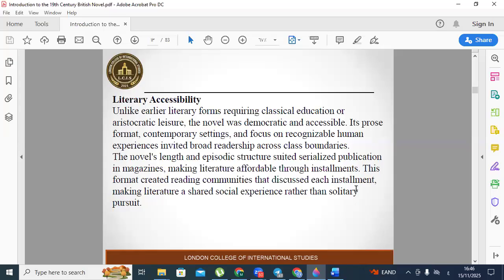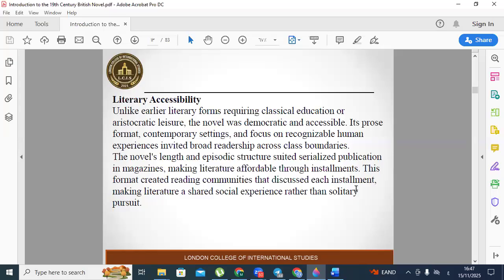Circulating libraries further democratized access for an annual subscription. Members could borrow as many books as they wanted. This meant middle-class families could read extensively without purchasing books. Libraries shaped what got published, since publishers knew novels could be purchased by libraries.